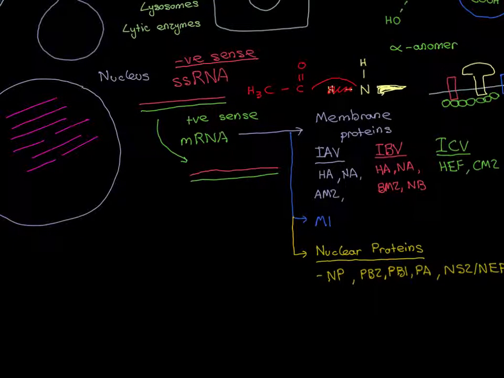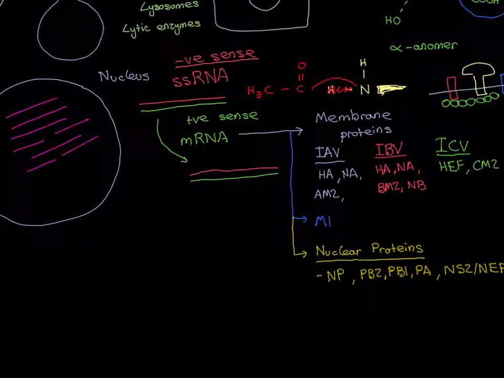Now, in order to get those ribonuclear proteins to the plasma membrane, which is where they need to go in order to produce new copies of the virus, they need to get out of the nucleus, and for this, the nuclear export protein, or the non-structural protein 2, is necessary, which is why this is sent to the nucleus.